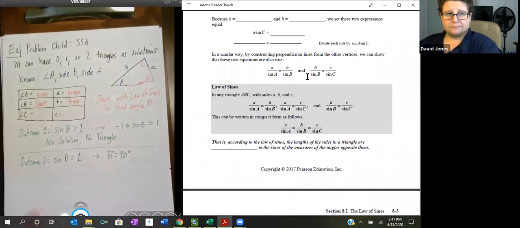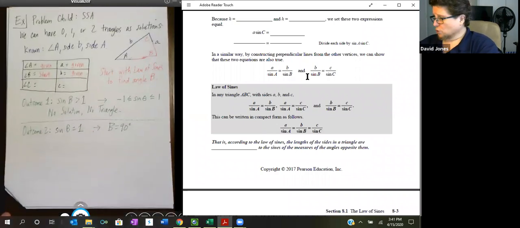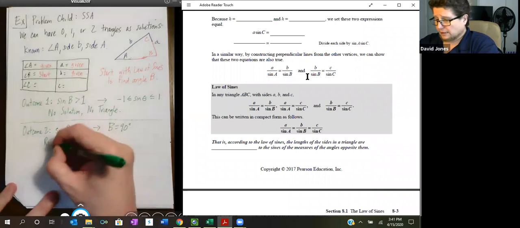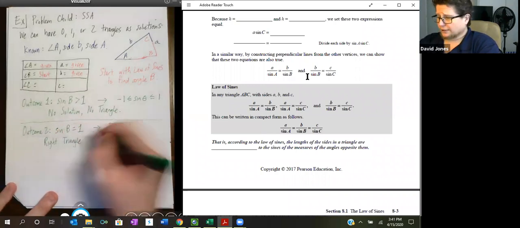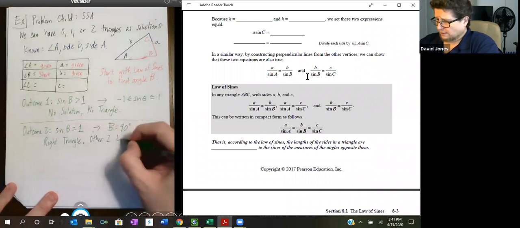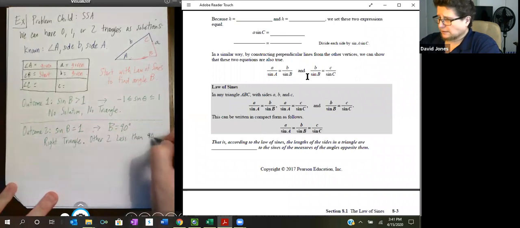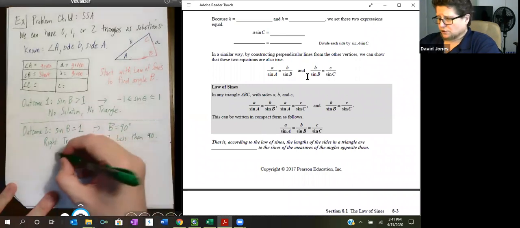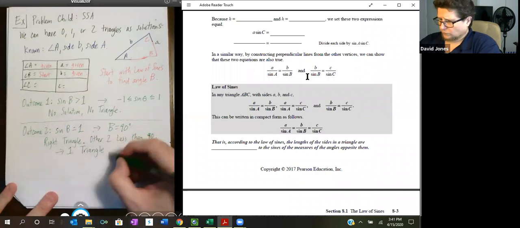That's the only time sine of B equals 1. So this is a right triangle. And it means the other 2 angles are less than 90. There's only one triangle, or one solution.